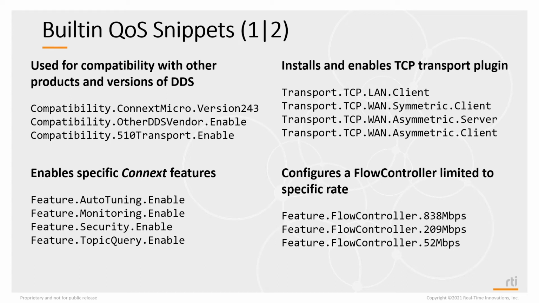Let's say you want to add a flow controller to a data stream. Well, here you could just use a QoS snippet and compose your QoS policy by using one of these snippets. And these flow controllers are designed to send data out at the indicated data rates.